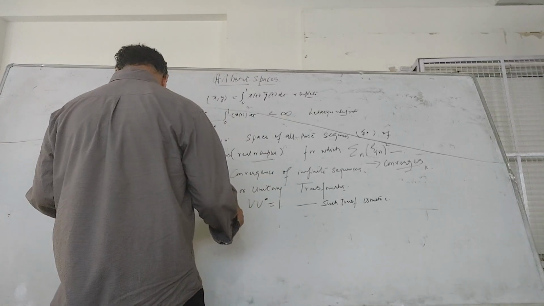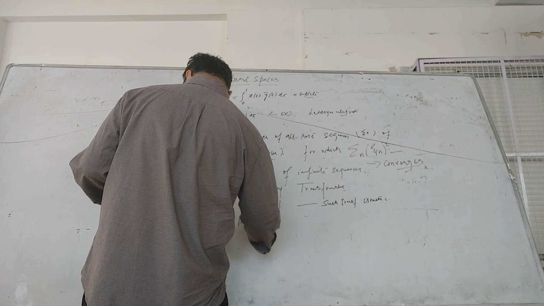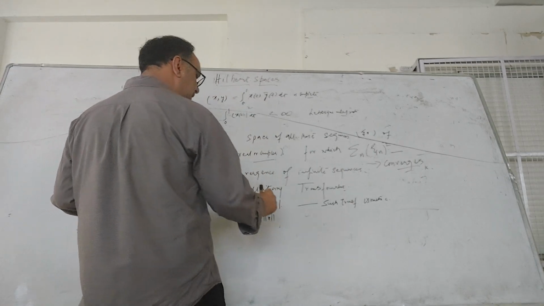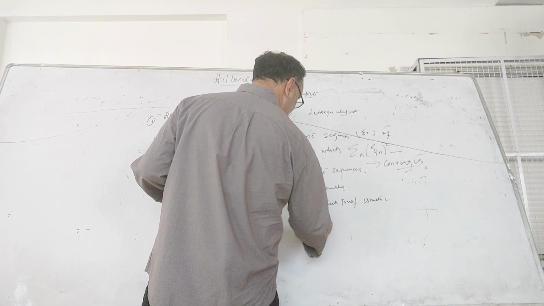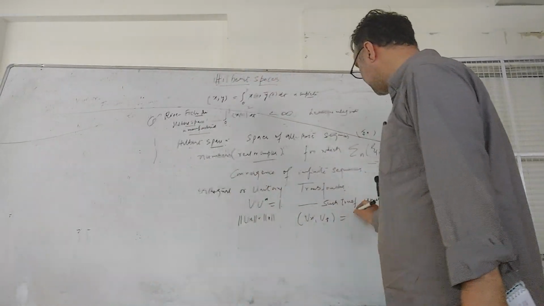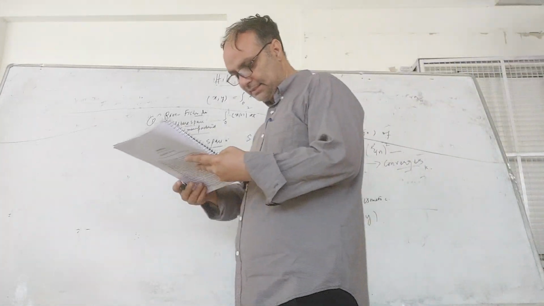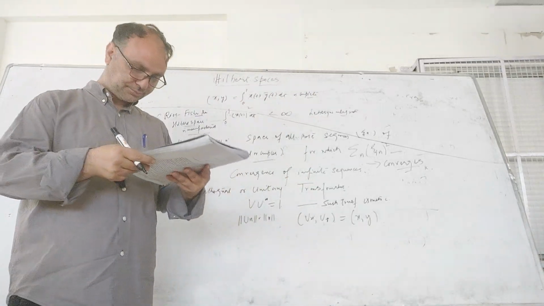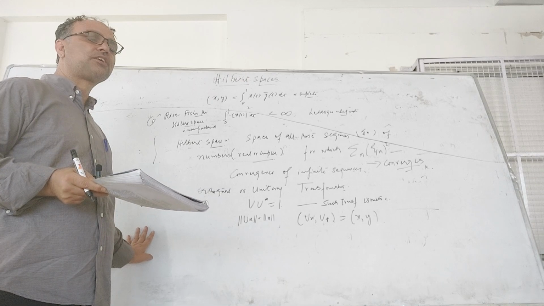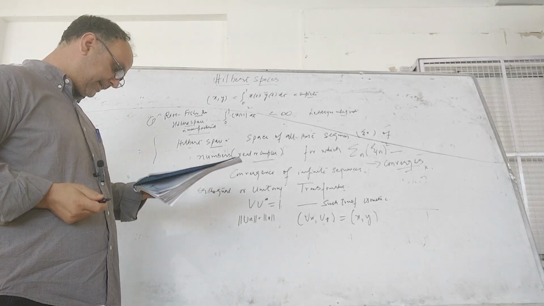That means the modulus of ux is the modulus of x, or we can equivalently say the inner product of u of x, u of y is the inner product of x and y. If you define it this way, we can always construct an isometric transformation which is not unitary.